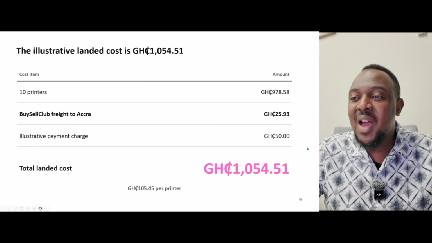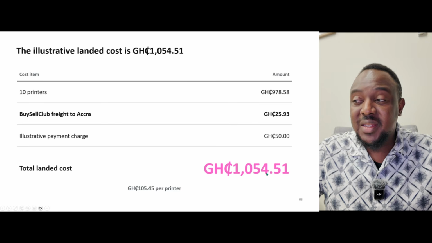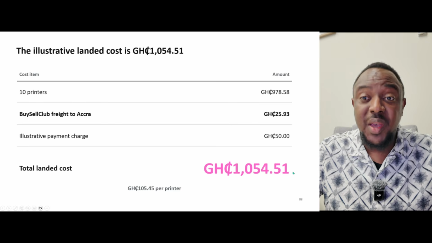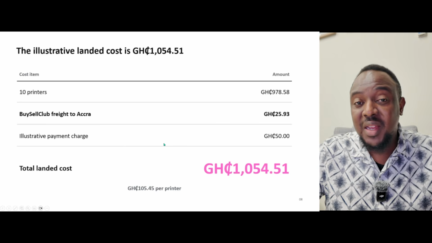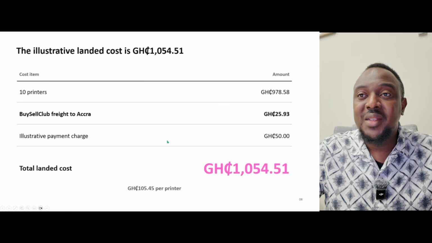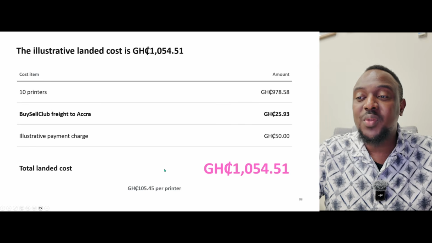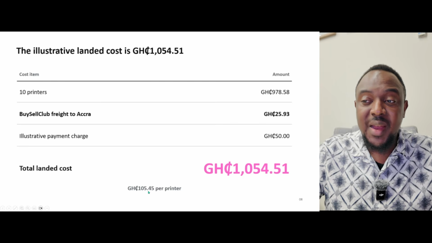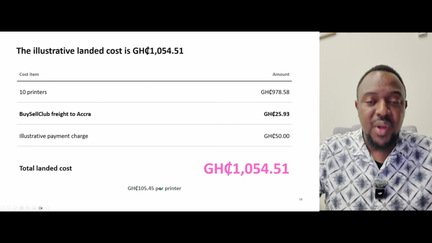And so now we'll be looking at a total of 1,054 Ghana cedis and 51 pesewas. And so that's going to be the total landed cost in Ghana. And it is going to cost us 105 Ghana cedis and 45 pesewas per printer.